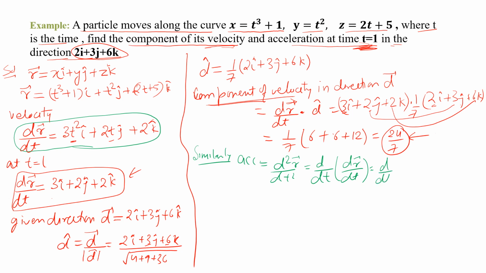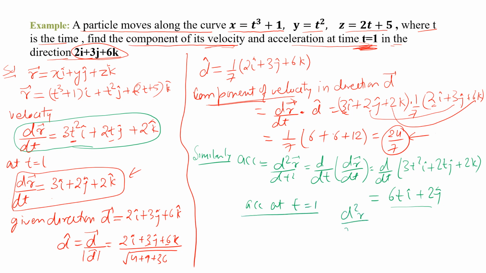The derivative of 3t square i plus 2t j plus 2k gives 6t i plus 2j, and at t equal to 1 we get the acceleration d2r by dt2 as 6i plus 2j.